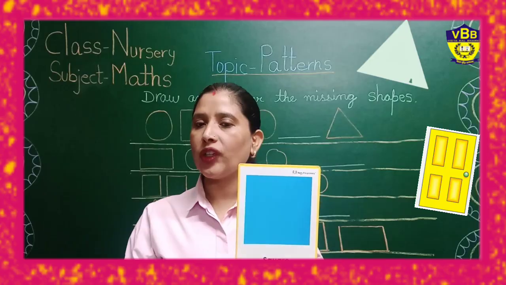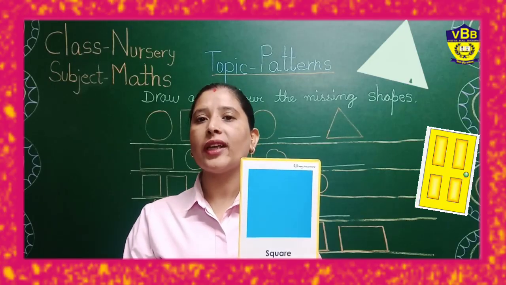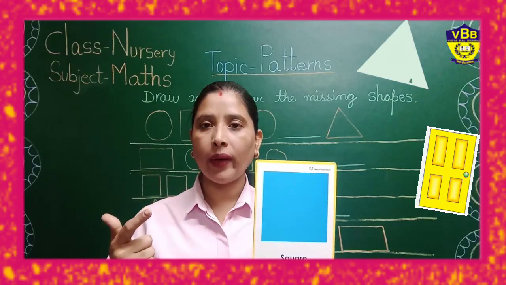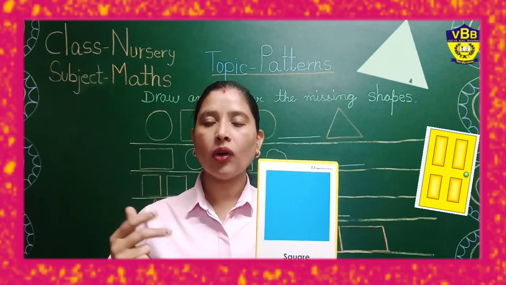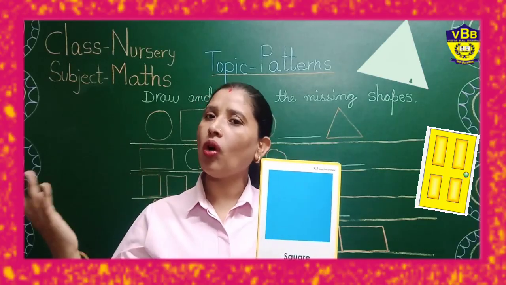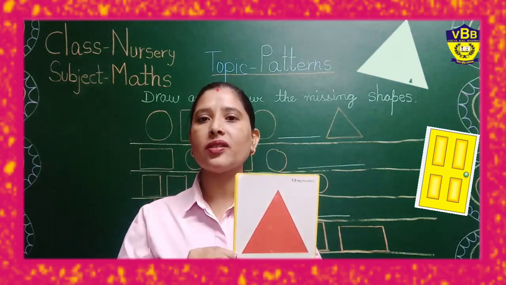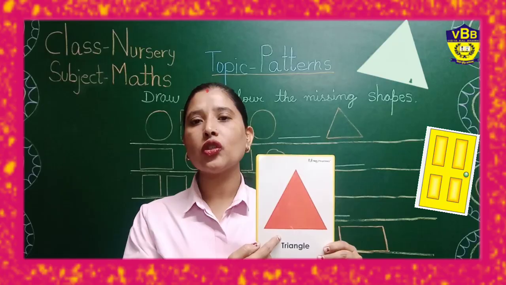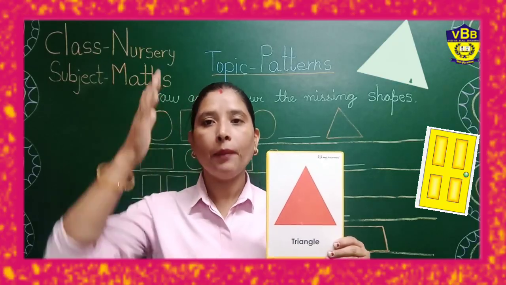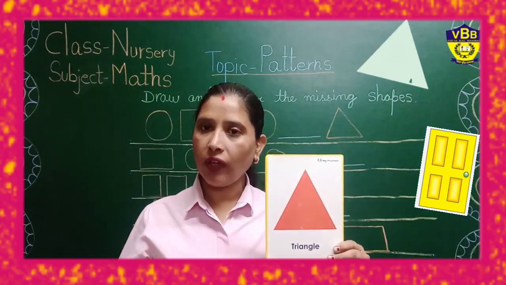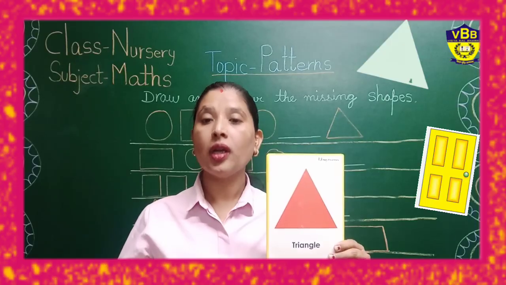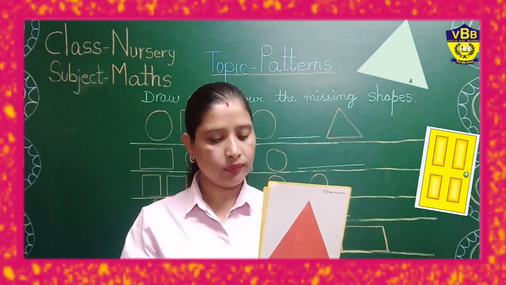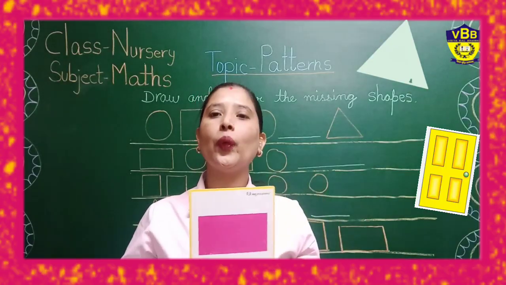Yes, this is square shape and the objects which look like square shapes are window, a slice of bread, handkerchief, window AC and so on. The next shape is triangle. Yes, this is triangle and the objects which look like triangle shapes are birthday cap, sandwich, tent house, samosa, bread pakoda and so on. And the last shape is rectangle.